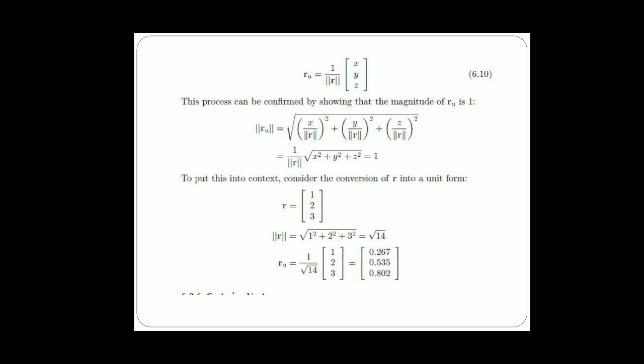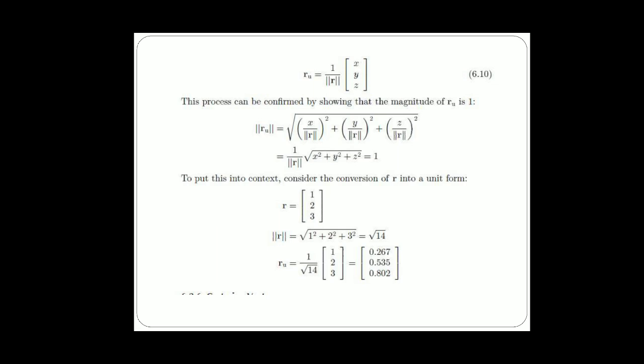This process can be confirmed by showing that the magnitude of unit R is 1. They have multiplied all the values by 1 upon magnitude of R, and whatever the values were, they cancel with x square plus y square plus z square, which comes to 1.